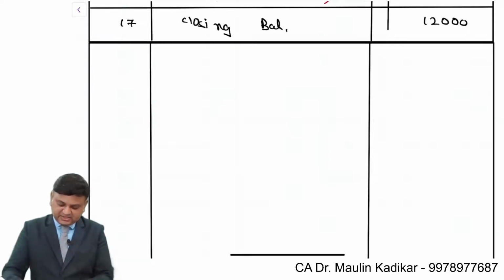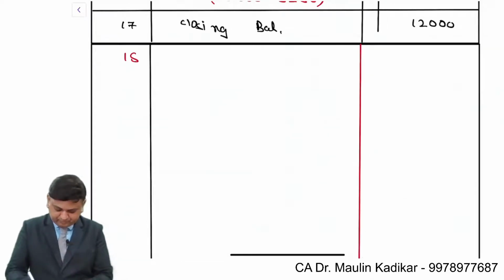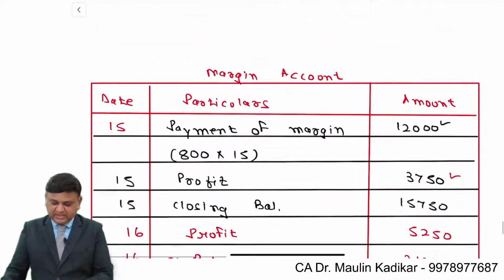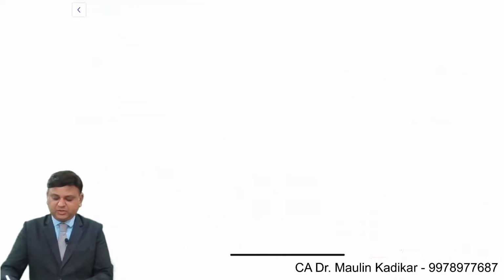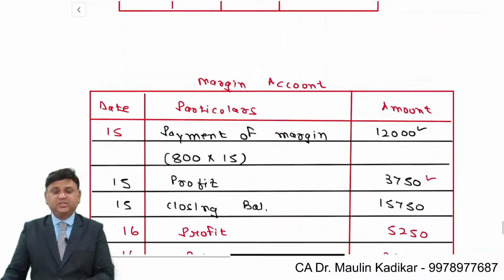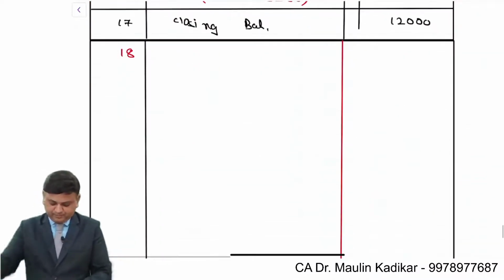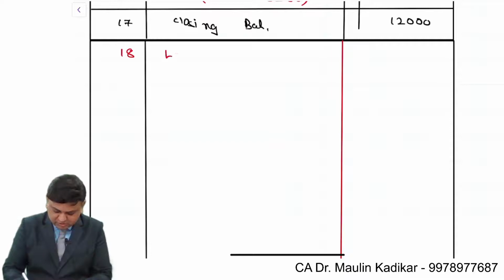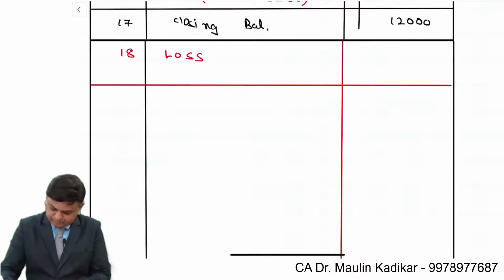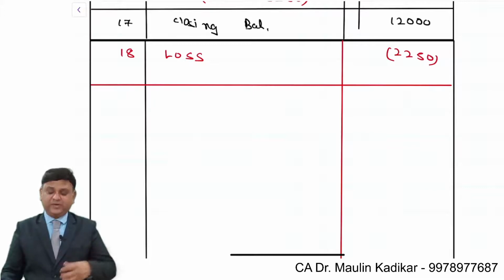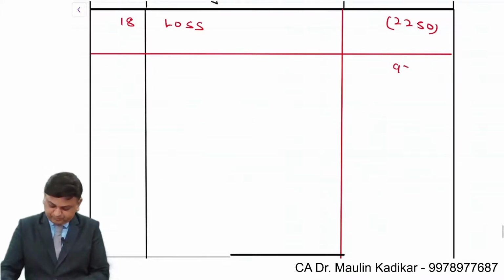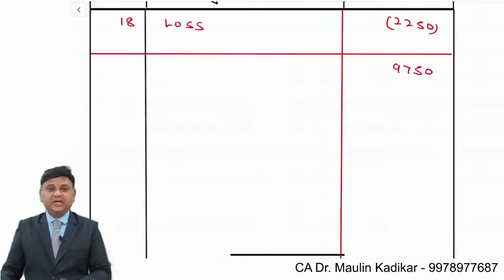Now on 18th, let us see what happens. On 18th, there is a profit or loss. Unfortunately, there is a loss. How much is the loss? 2250. So on 18th, I am writing a loss. The amount of the loss is 2250. 12,000 minus 2250 is 9750. 9750 is less than 9,000?